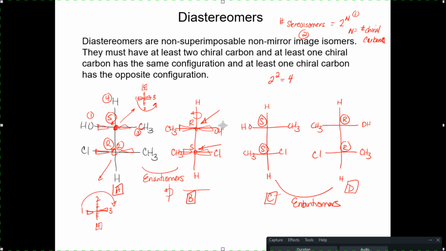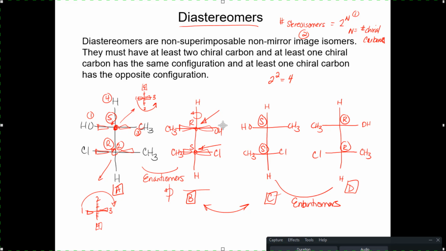So now the question is, what's the relationship between A and C, or A and D, or B and C, and B and D? Because A and B are enantiomers, C and D are enantiomers, but what's the relationship between any other pair? And these are what are called diastereomers.